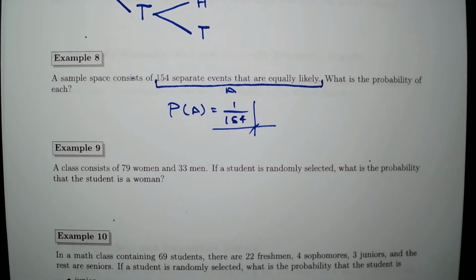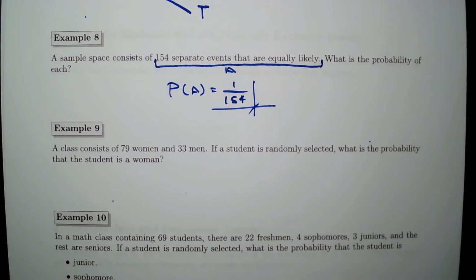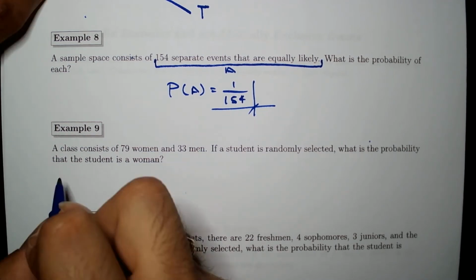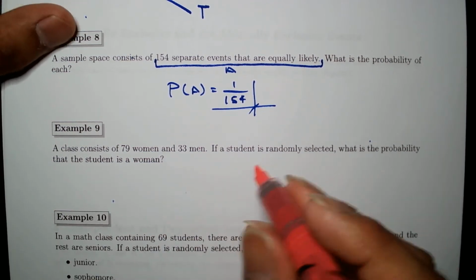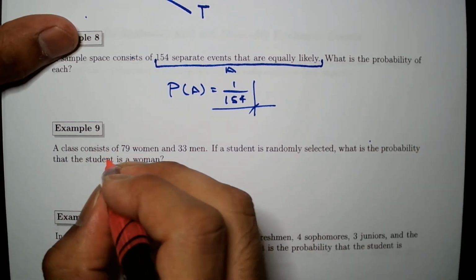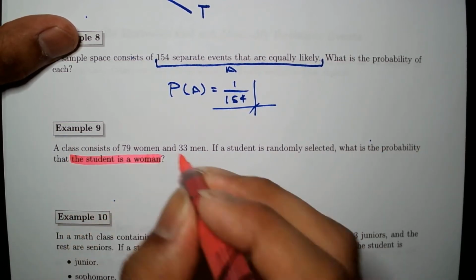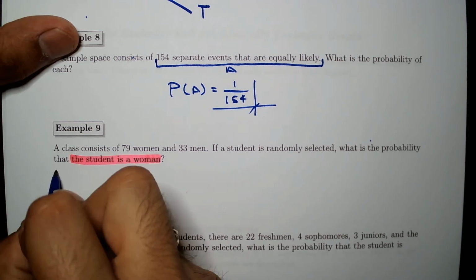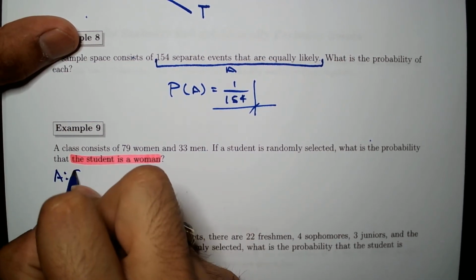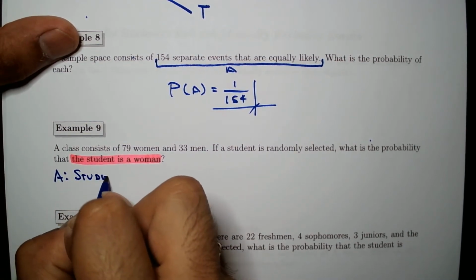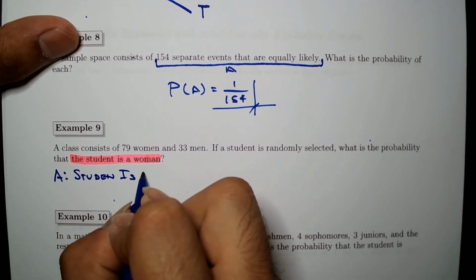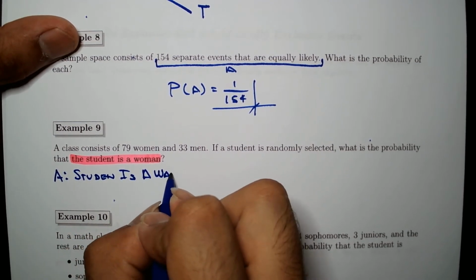A class consists of 79 women and 33 men. If a student is randomly selected, what is the probability that the student is a woman? Okay, let the event A be that the student is a woman.